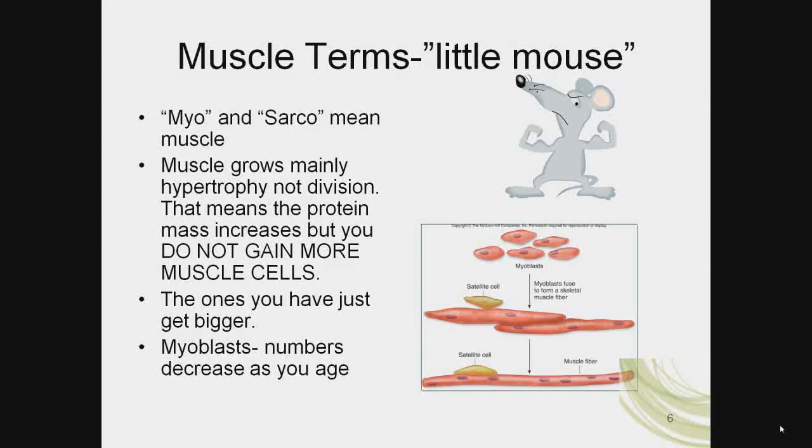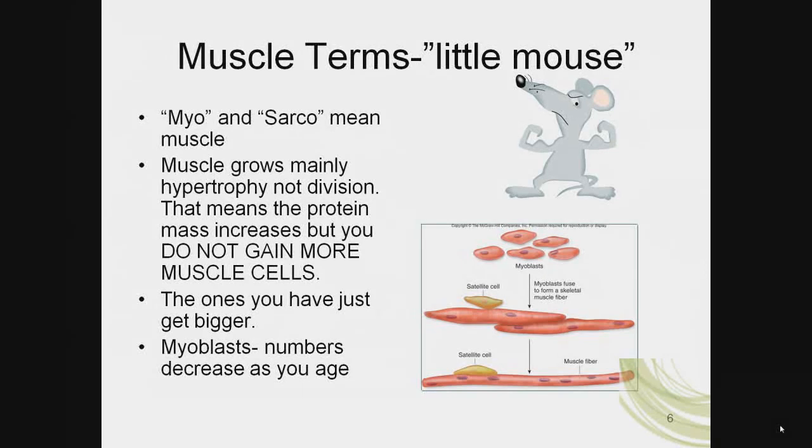Sarcolemma means the muscle cell membrane. It's a cell membrane around a muscle cell. I can use myoblast, as I show in this picture, and that should mean these are immature, determined, but not differentiated cells that will differentiate into some type of muscle cell.